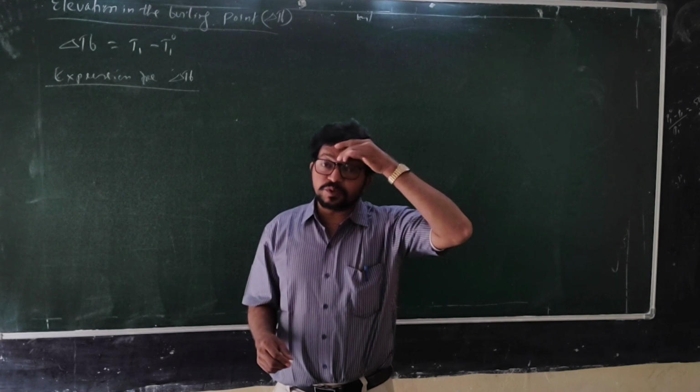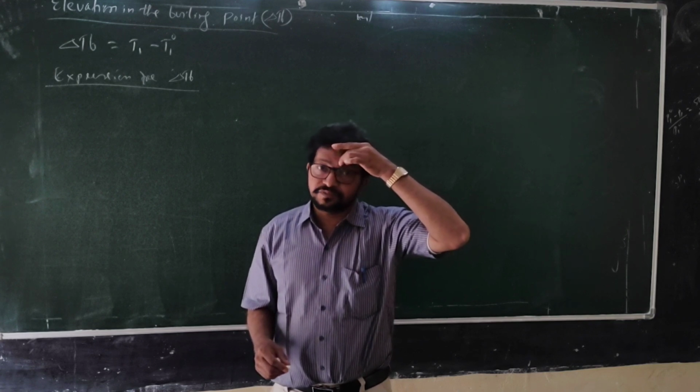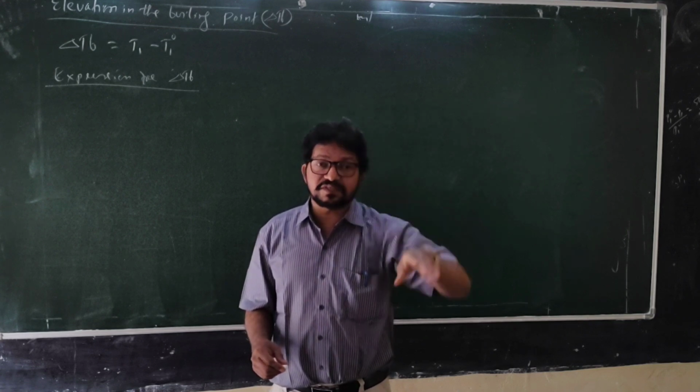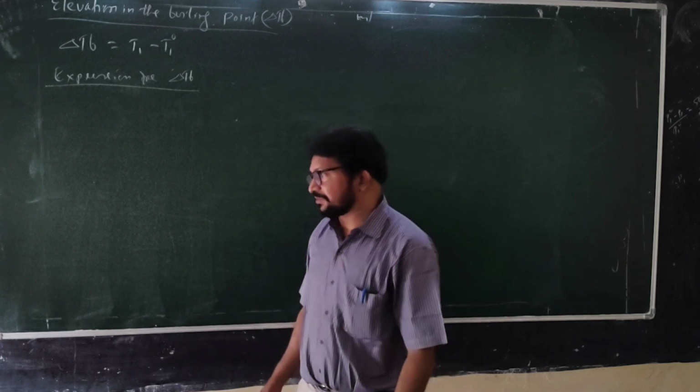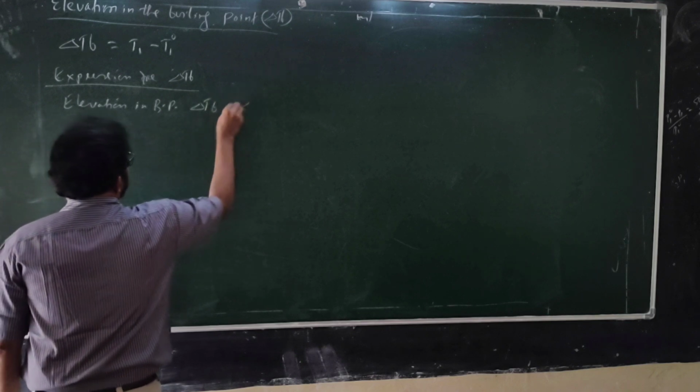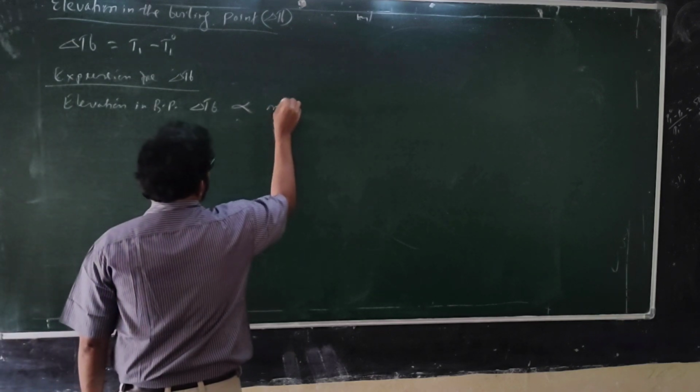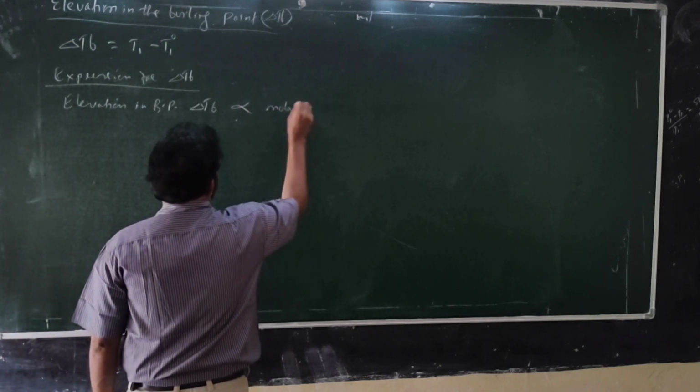Number of moles of the solute in 1 kg of the solvent. So, elevation in boiling point ΔTb is proportional to molality, or you can say ΔTb is equal to some constant into molality.